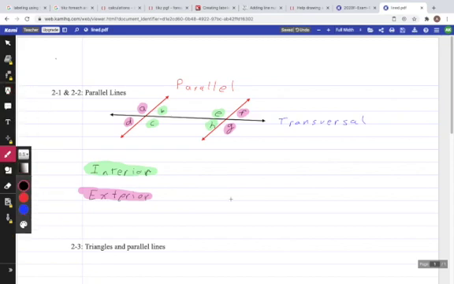So, at this point, what do we have? Well, this isn't the whole story, because we also have alternating or alternate, and we have same side.